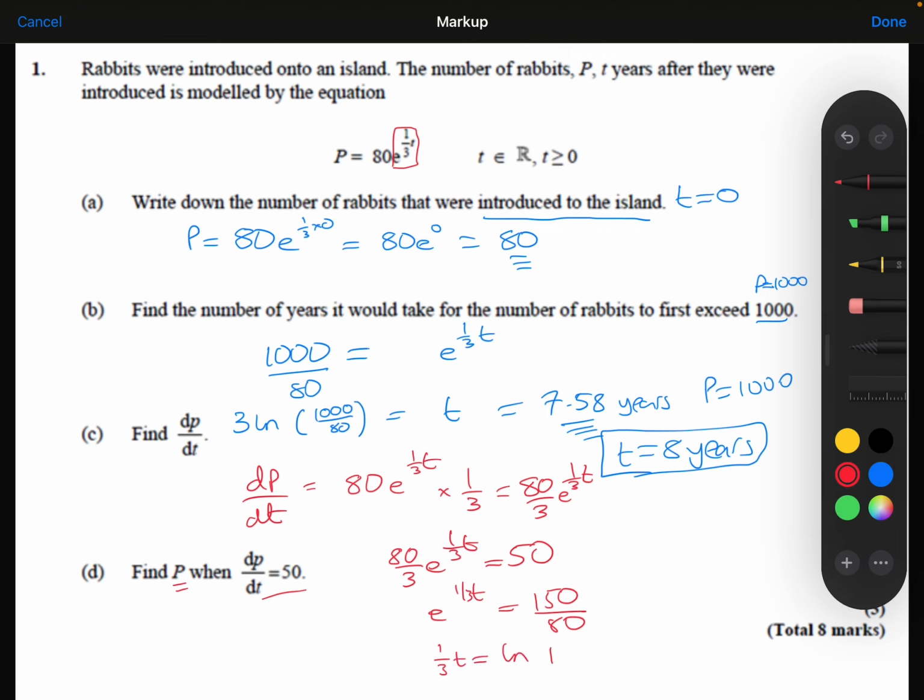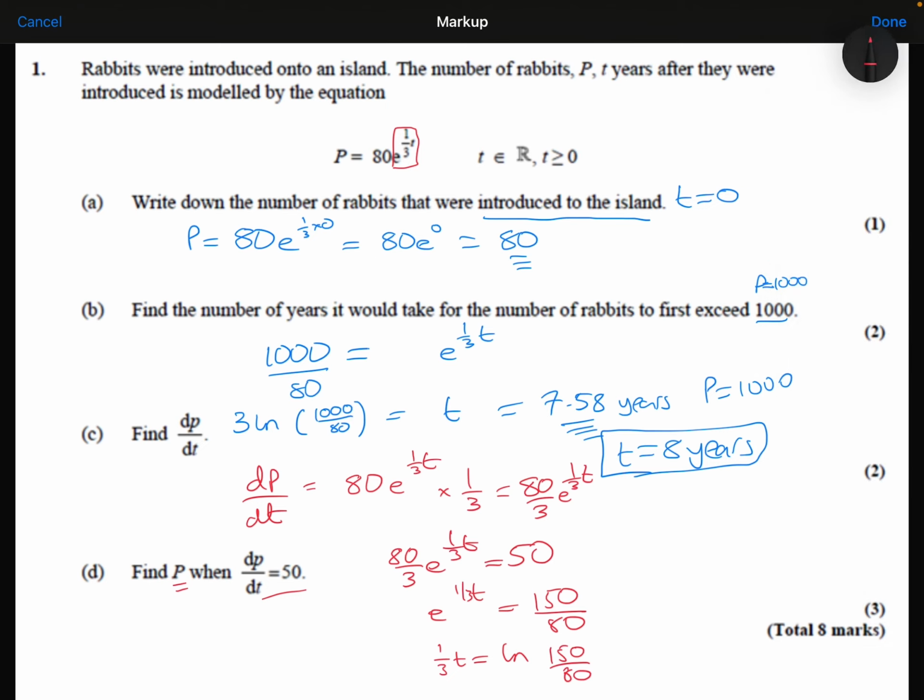Take the natural logarithms of both sides. And then multiply both sides by 3 to get the number of years where the rate of change is equal to 50.